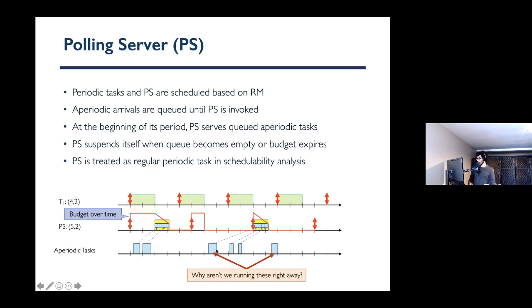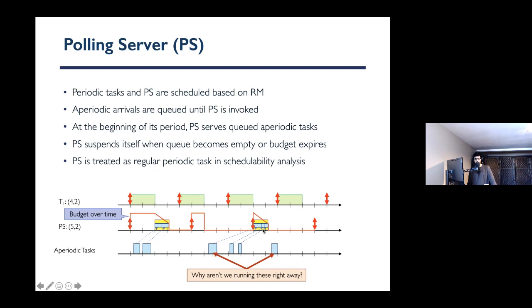I got a question. So does this mean each aperiodic task is guaranteed to complete in 1 period? Not necessarily, as you can see, right? So this one came in this period, but it wasn't guaranteed to schedule in this period because of what happened here.